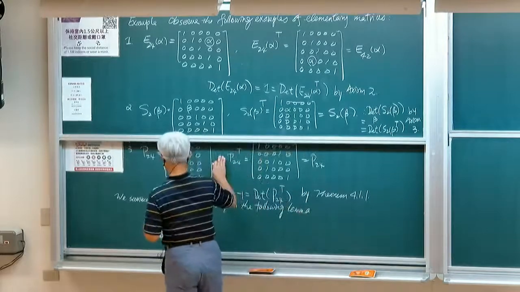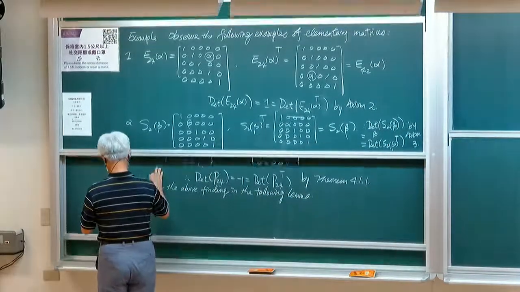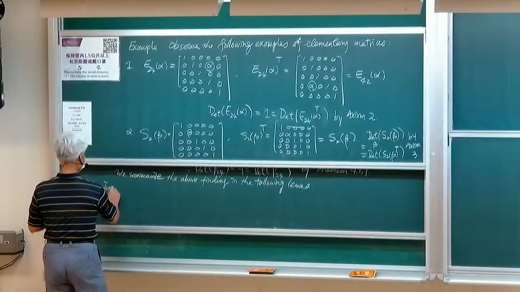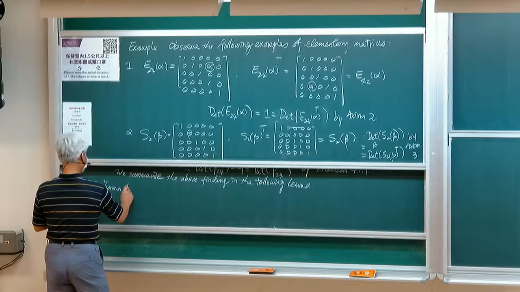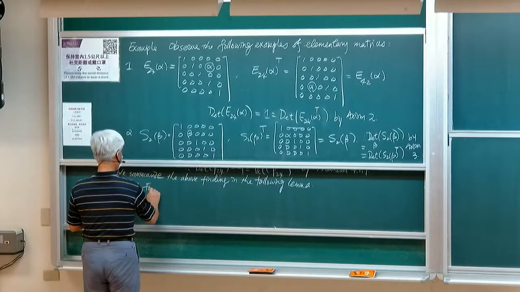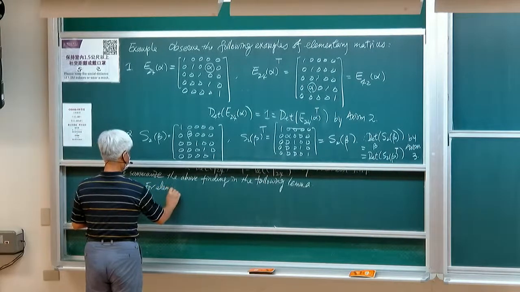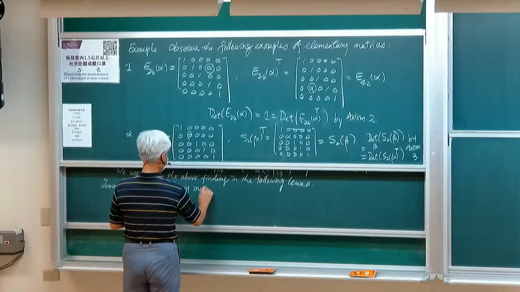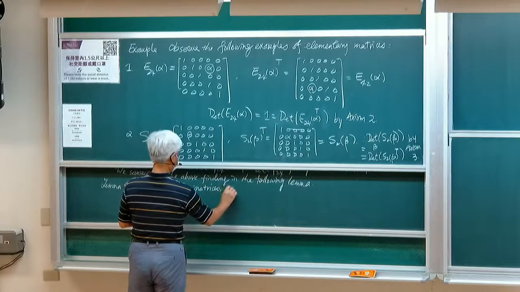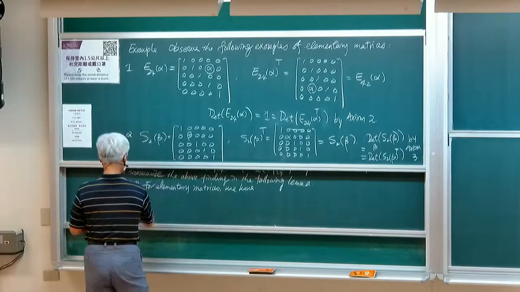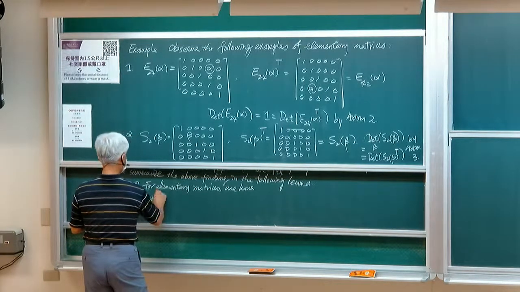Okay, so the lemma, point B, that for elementary matrices, we have E_ij alpha transpose.